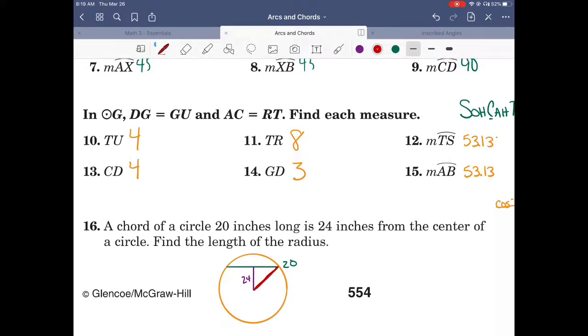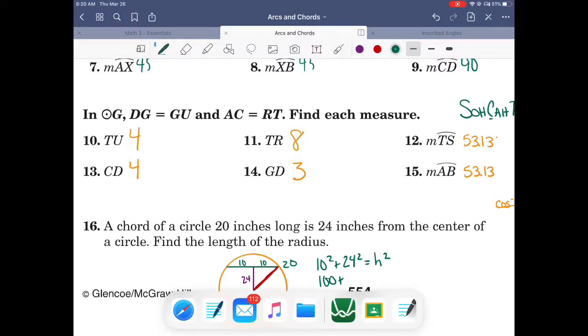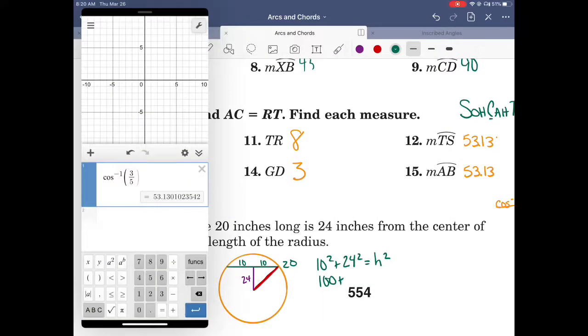So if the entire thing is 20, that tells me this piece is 10 and this is 10. I have a right triangle to use my Pythagorean theorem. So 10 squared plus 24 squared equals my hypotenuse squared, or c squared. 10 squared is 100. 24 squared, I can't think what that is off the top of my head. 24 squared is 576.